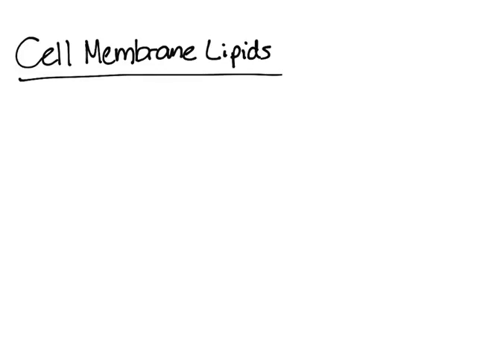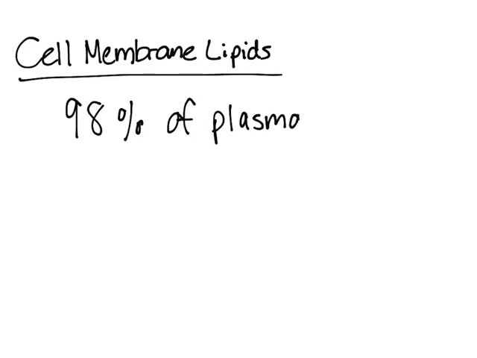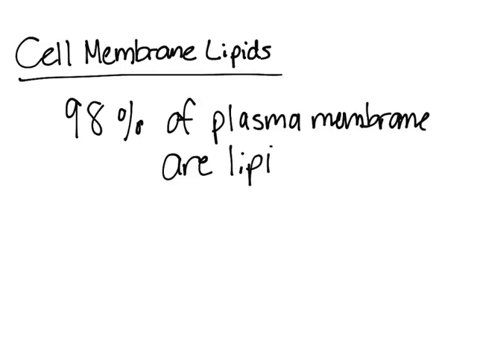So in this video, I'm going to talk about membrane lipids and the three types of lipids that make up the plasma membrane. And so 98% of the plasma membrane of the cell are lipids.